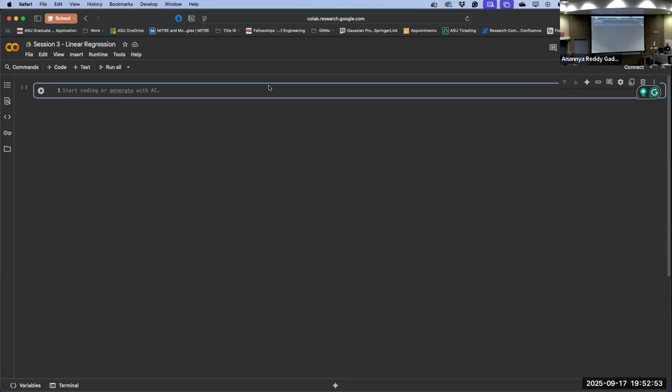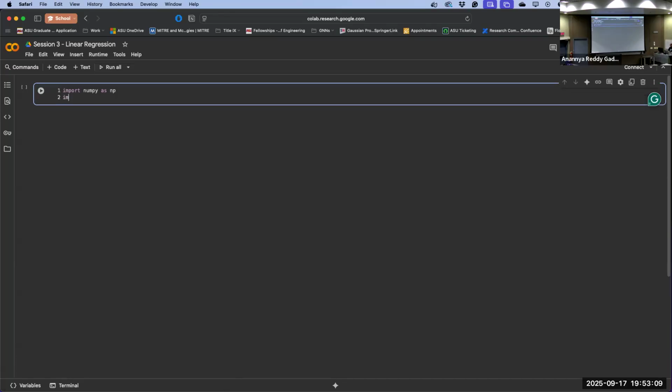Okay, so for now, we'll import NumPy. I'll type. Here we are importing NumPy for calculations and pandas.